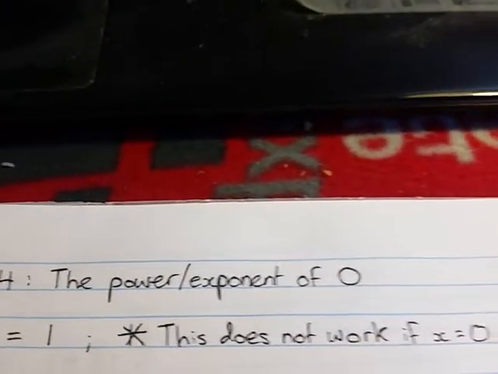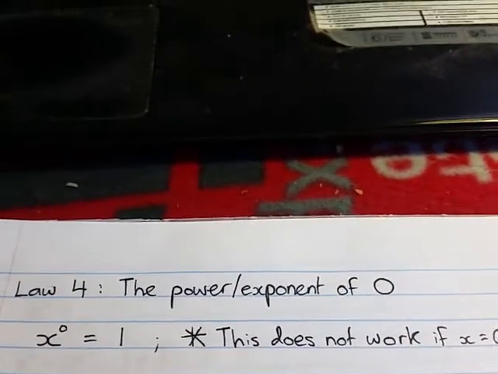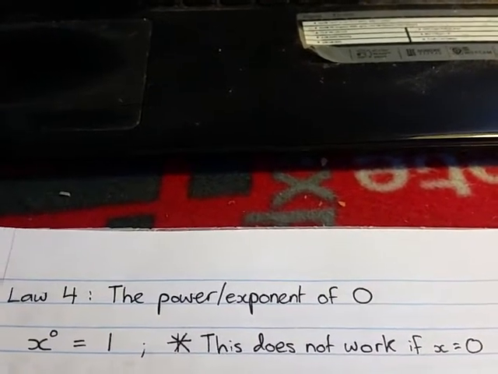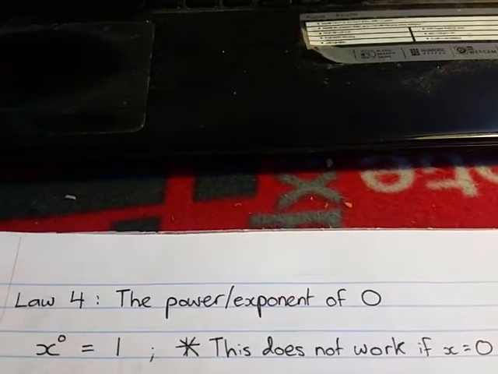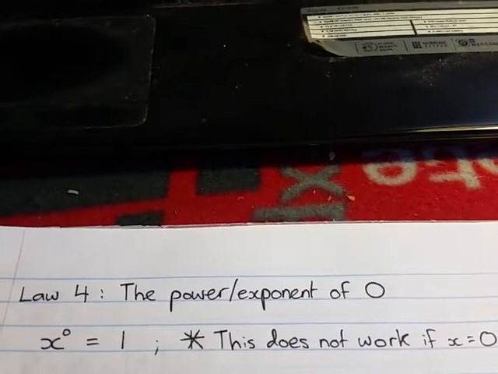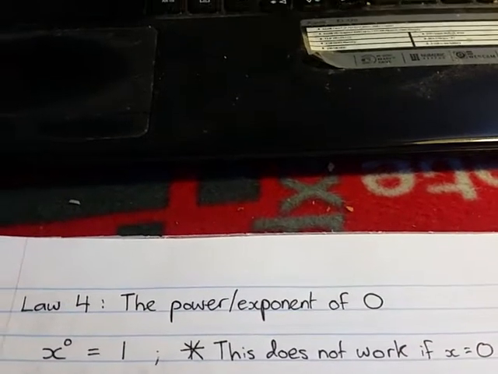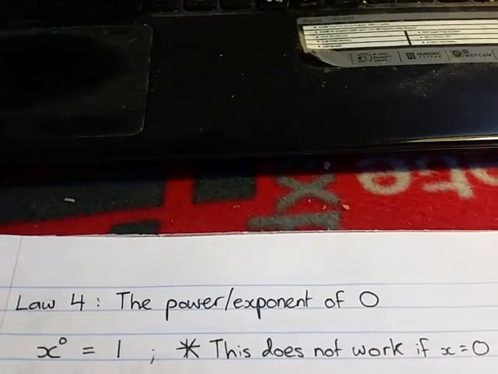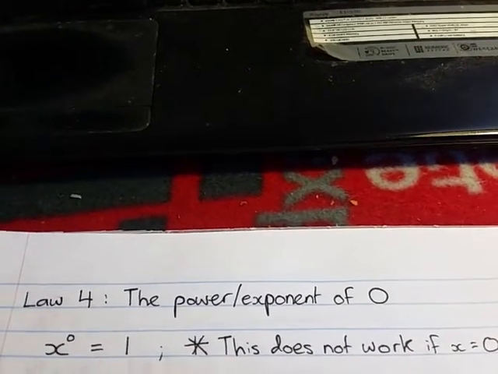However, there is an important note I added here. This does not work for x equals 0. In other words, you cannot have 0 to the power of 0 equaling 1. It does not work, because 0 to the power of anything gives you 0, but anything to the power of 0 equals 1.